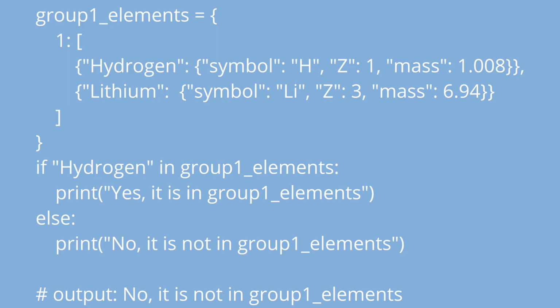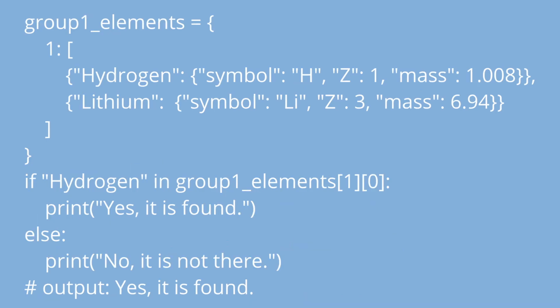Because hydrogen is not a top-level key. The only top-level key is 1. The correct way to check if hydrogen exists is: if hydrogen in group 1 elements[1][0]. Then it will print yes, it is found. So always make sure you're checking membership at the right level.